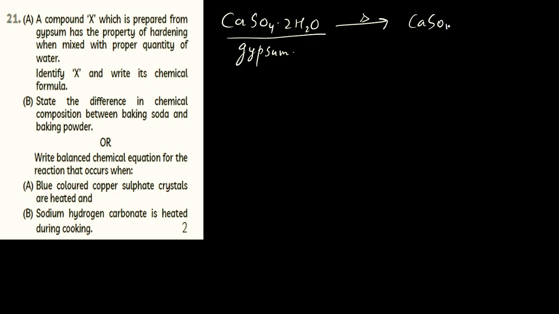A compound X is prepared from gypsum. Okay, write down gypsum first. Calcium sulfate dihydrate. This is gypsum. And we know that we can get some compound that's called calcium sulfate hemihydrate.